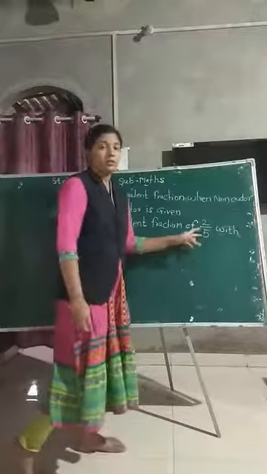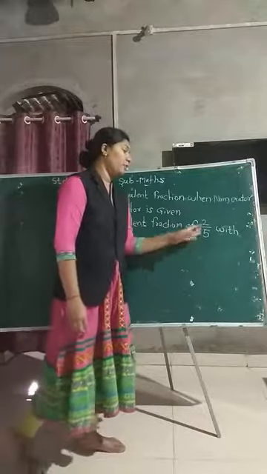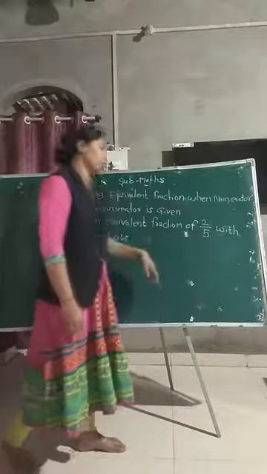To convert this 5 into 15, we have to multiply this number by 3.